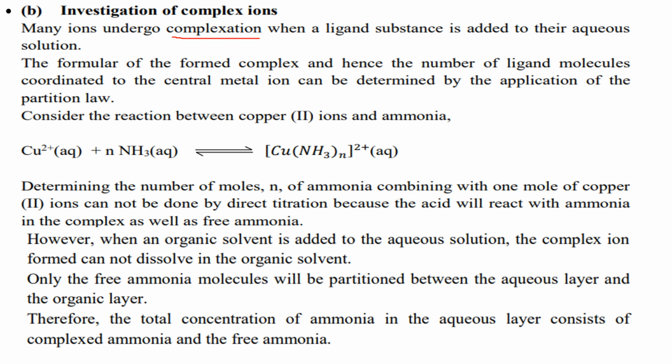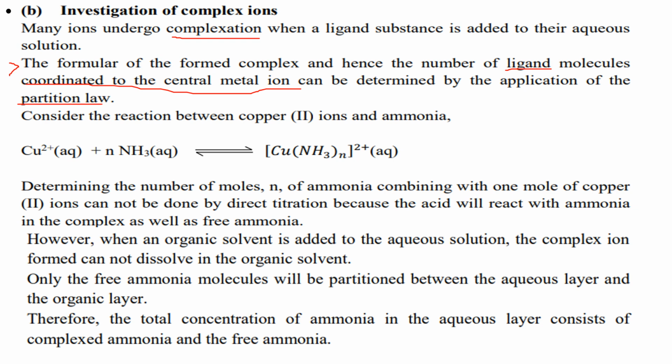When a ligand substance is added to their aqueous solution, we can find the formula of the formed complex, and hence the number of ligand molecules or atoms that are connected to the central metal atom in a complex ion. So be aware of that. Hence the number of ligand molecules coordinated to the central metal ion can be determined by the application of the partition law or the distribution law.